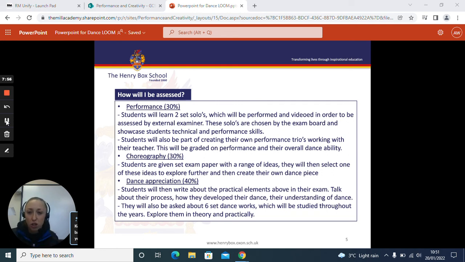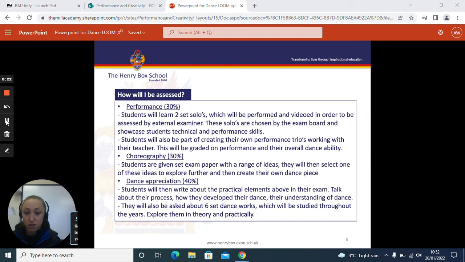In addition to this, you will also be asked about 6 set dance works that will be studied throughout the 2 years. We will study in detail 6 different dances, and you will be asked exam questions based on those 6 dance studies that we have studied together.